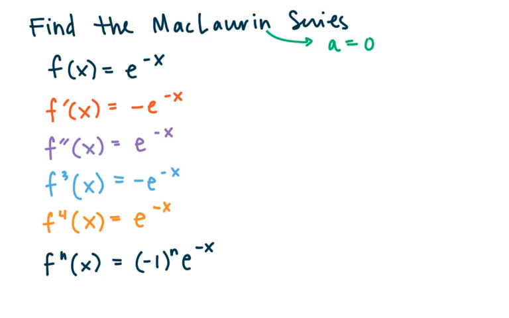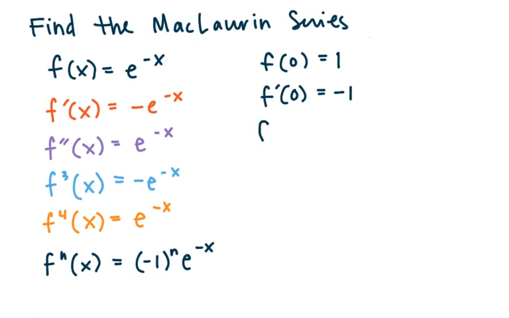And now I'll evaluate all of these derivatives at 0 in my original function. So f of 0 is e to the negative 0, and e to the negative 0 is positive 1. Let's see, we've got f prime of 0. In this case, we get negative 1.